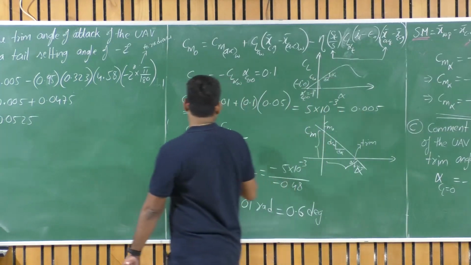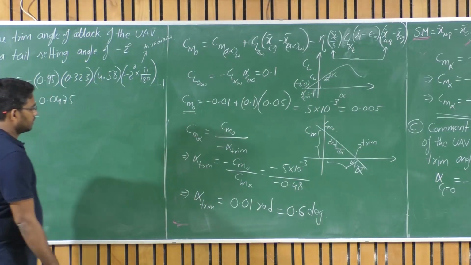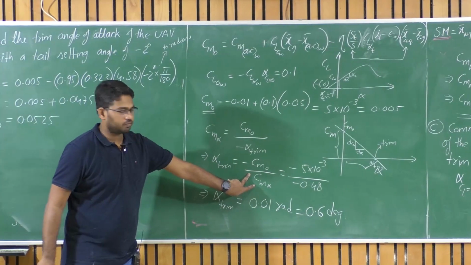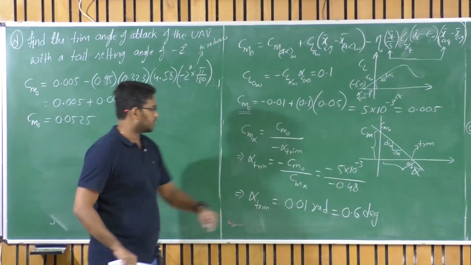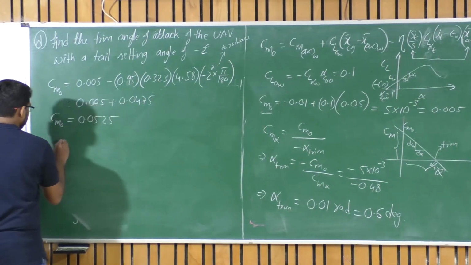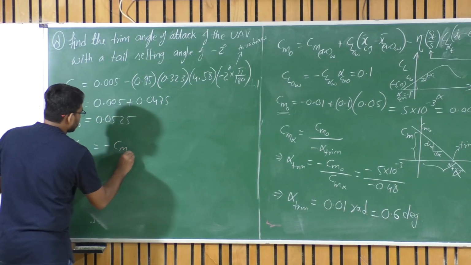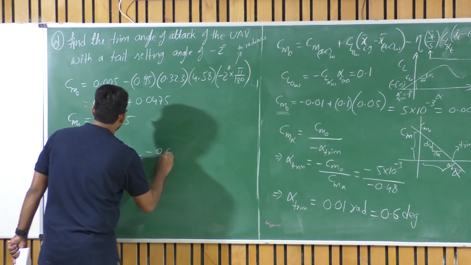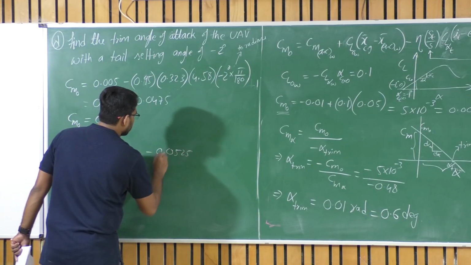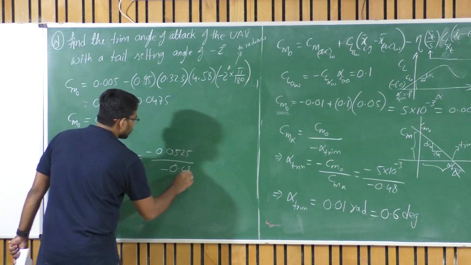Now by substituting that Cm naught, Cm alpha is going to remain the same. So alpha trim is equal to minus Cm naught upon Cm alpha. So minus of 0.0525 upon minus 0.5, approximately, I should say 0.48.